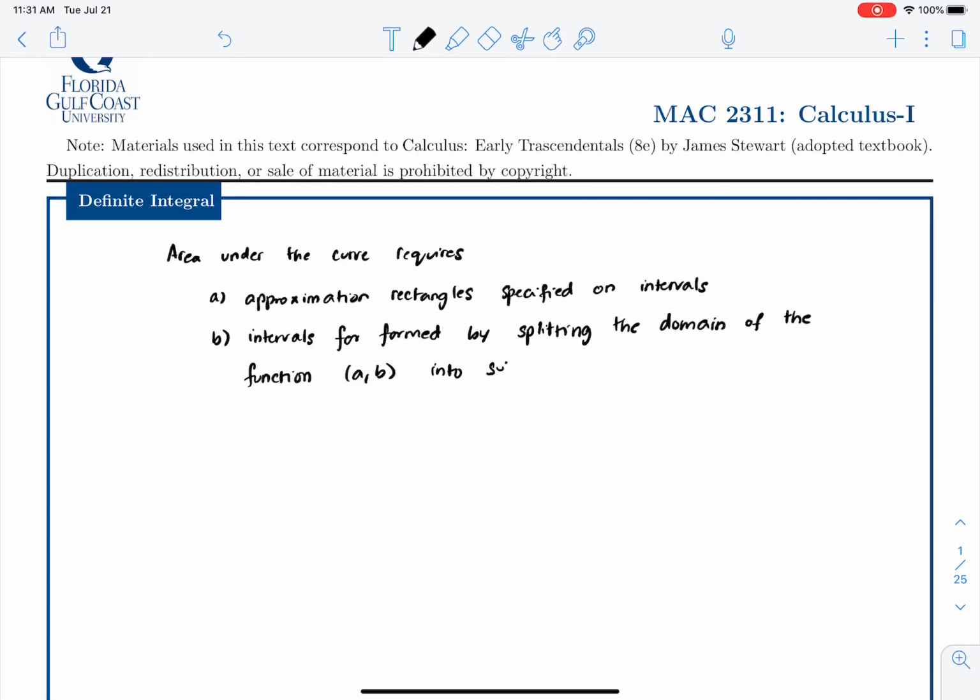into subintervals using sample points, and the sample points we defined, where x0 is a, we have x1, x2, x3 all the way up to xn, which would equal b.